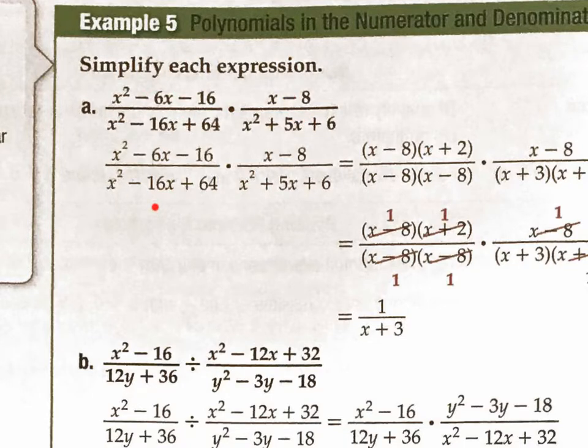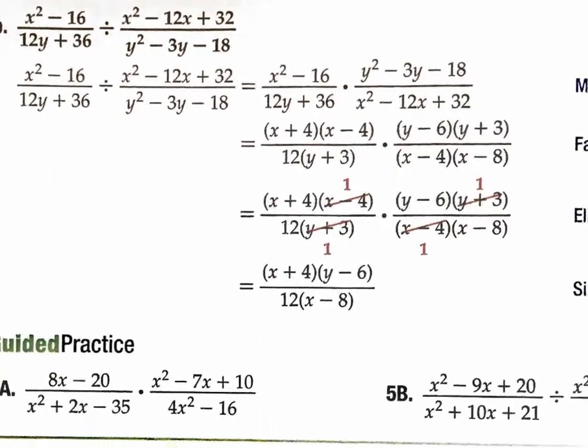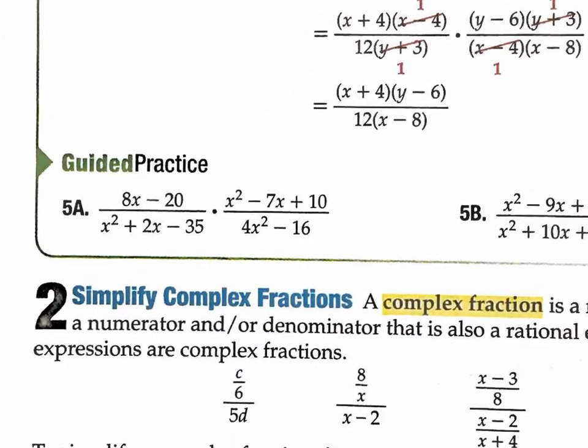This you factor everything, and then cancel once it's factored. So we already are good with that. Here's an example where you're dividing by a fraction. So this guy ends up getting switched like this, right there. And then you factor everything and then you cancel. All right. So it's always about factoring first to get the multiplication, and then you cancel.